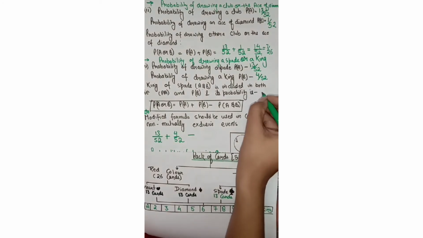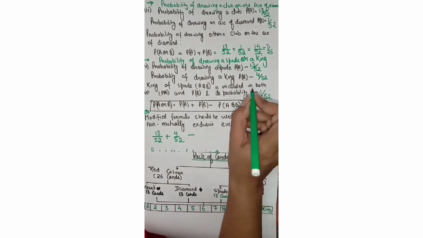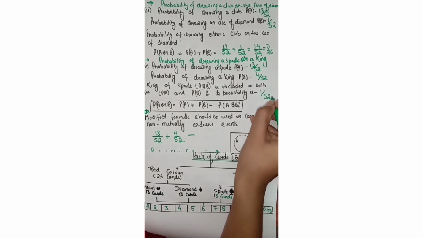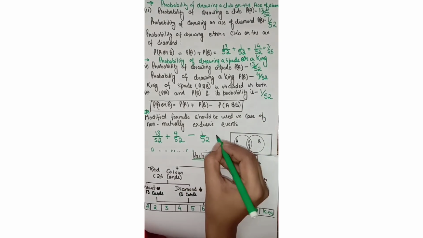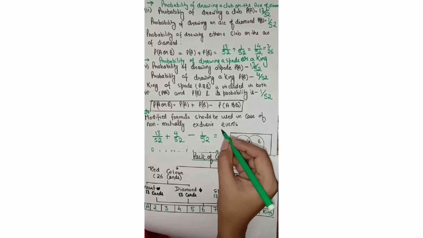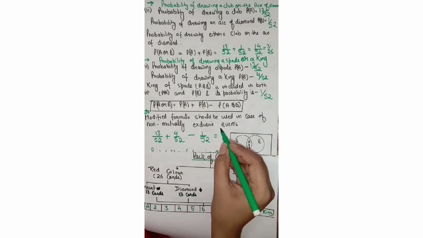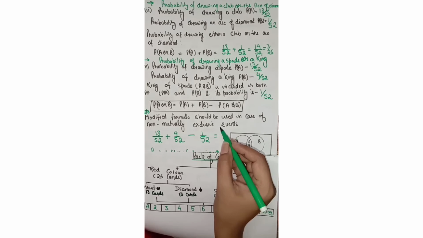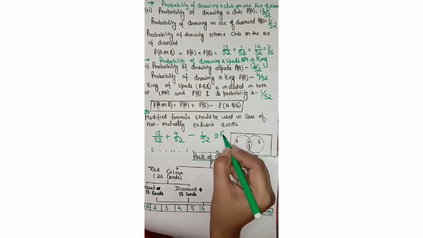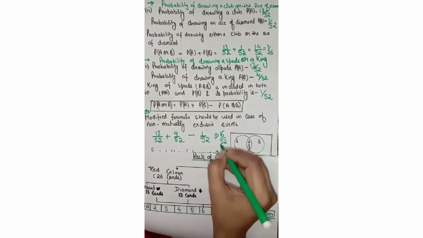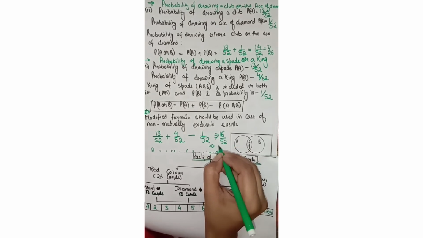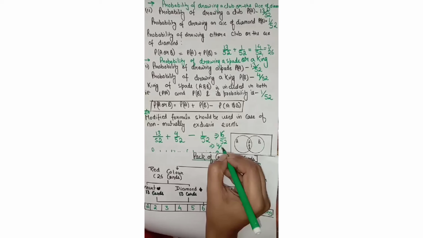So this condition will be denoted by 1 by 52. The number of favorable events is 1 and the total number of events is 52. So we simply deduct this, and if you solve this, it comes to 16 by 52, which simply says it is 4 by 13.